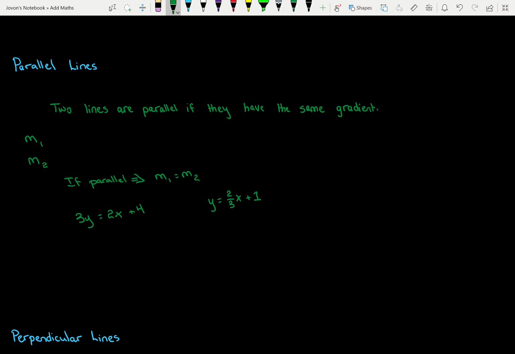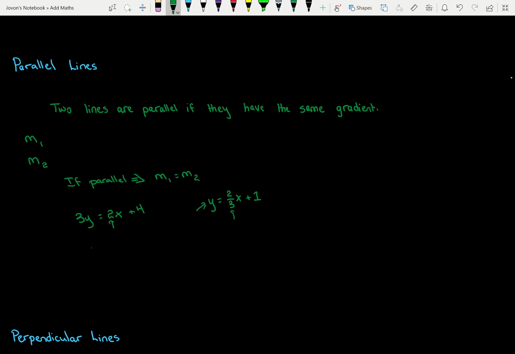By first instance, you might say the gradient of this line here is 2, the gradient of this line here is 2/3, so they are not equal. But when comparing these things, try to make sure that the coefficient of y is 1. So we want to make y alone the subject of the formula. Here y is the subject of the formula, so we have y is equal to 2/3 x plus 1.